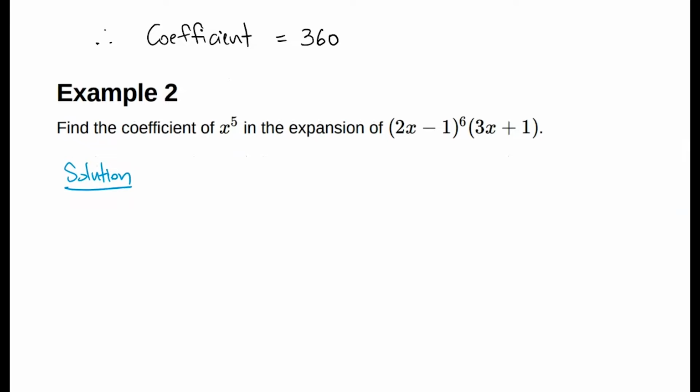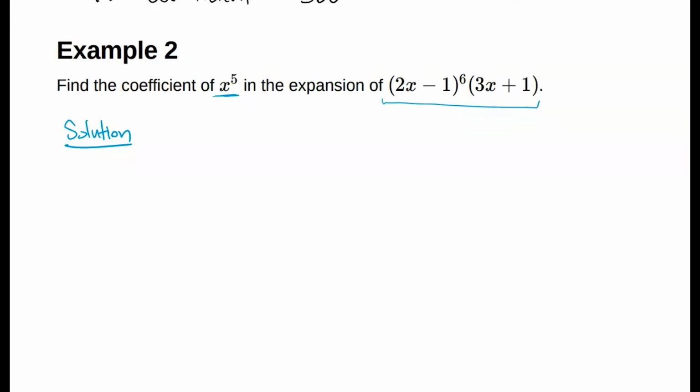Now here I want the coefficient of x to the power 5 in this expansion. Let's first write down: we have 2x minus 1 to the power 6 and 3x plus 1. Now we are not going to do this full expansion, but let me ask you, if we do a full expansion, how many terms are we going to get? Remember, when we do our expansion, we start from 6 choose 0.